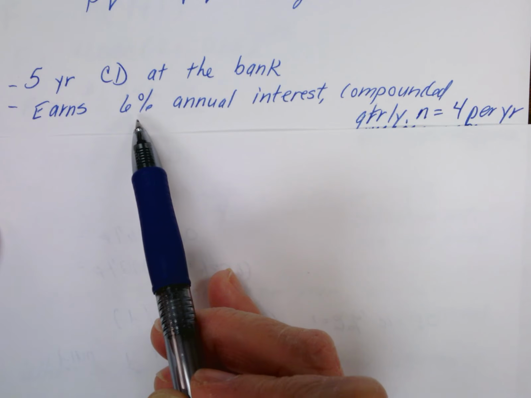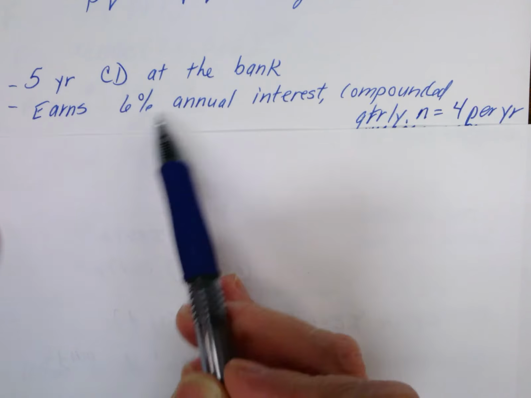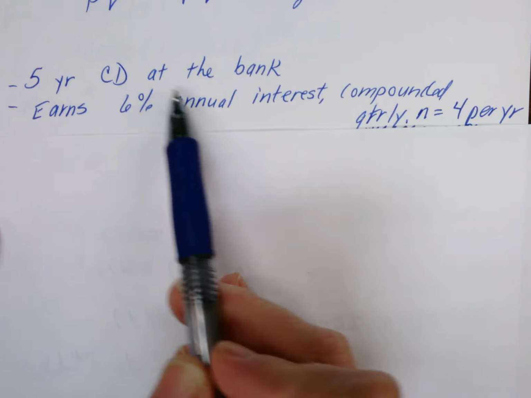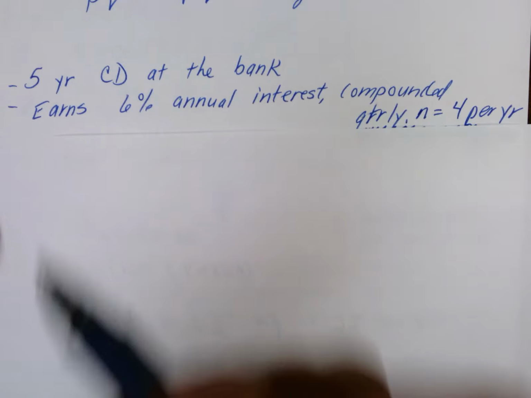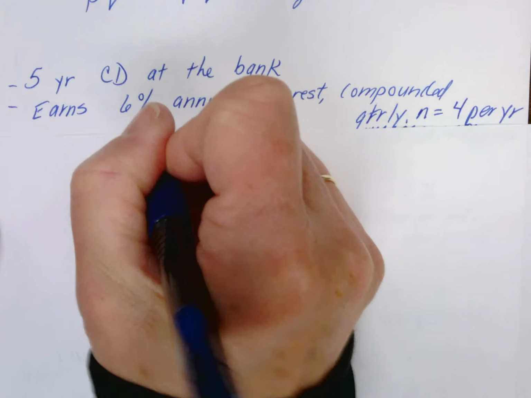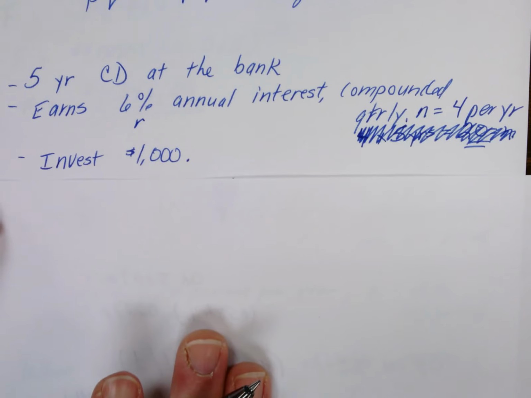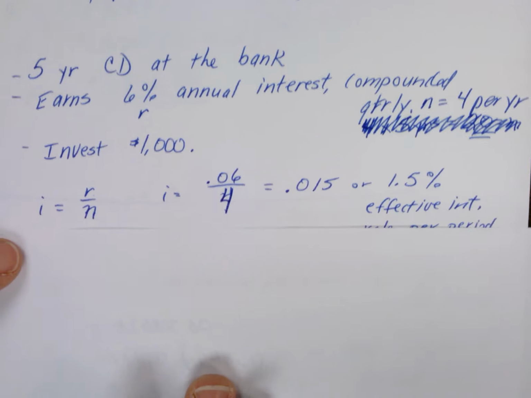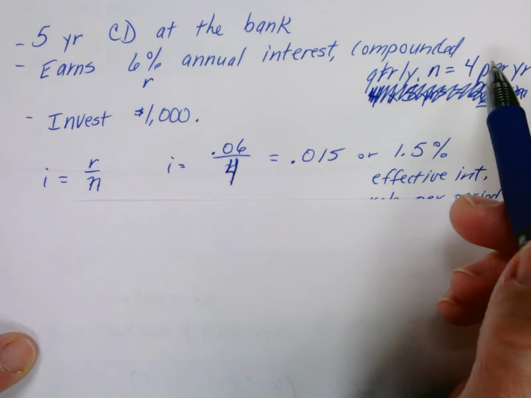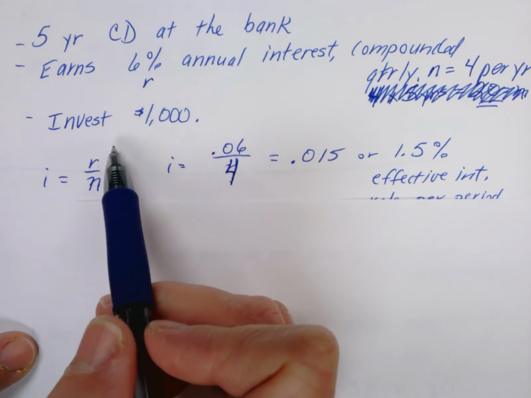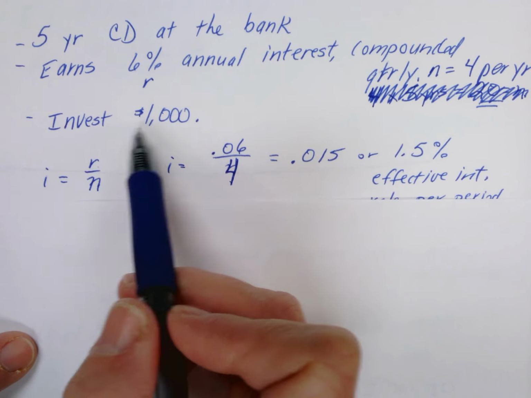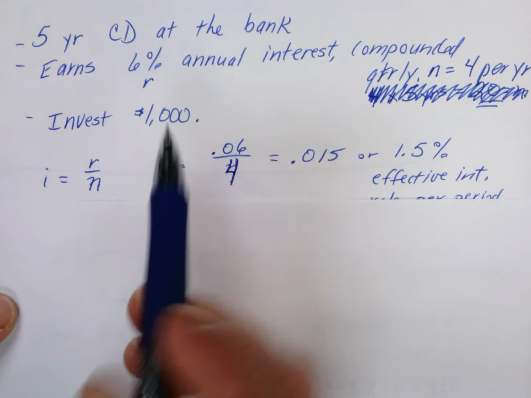What we need to do is to turn this annual interest rate, which we designate by the letter R, into an I, an effective interest rate per interest period. Okay, so let's see how we do that. Say we have $1,000 to invest in this example.